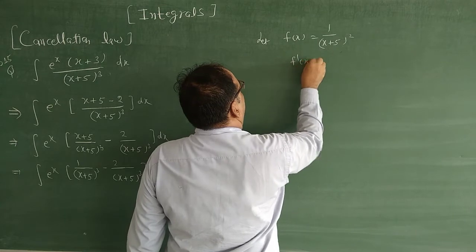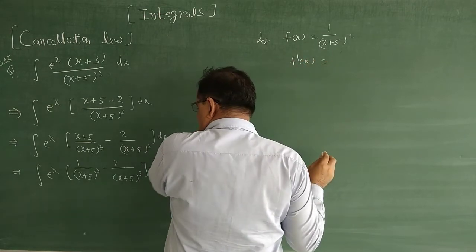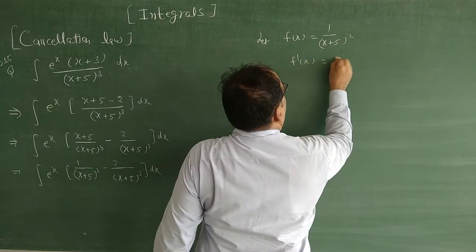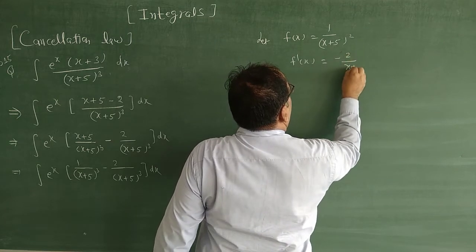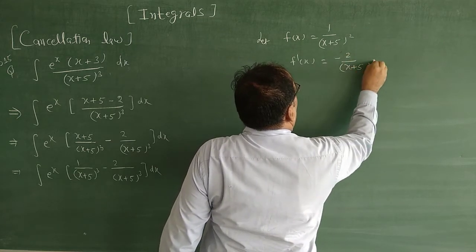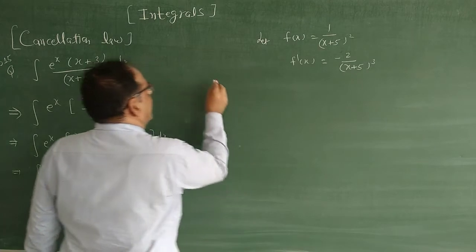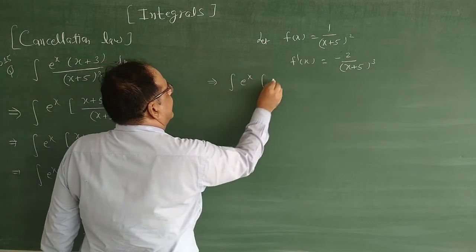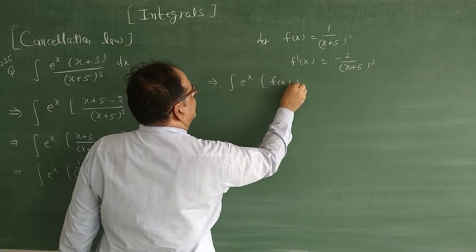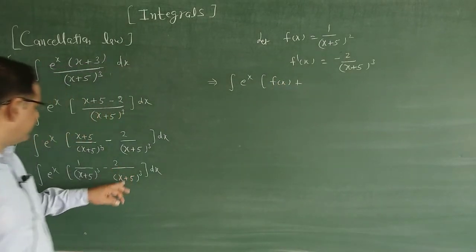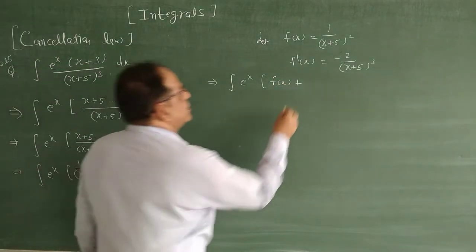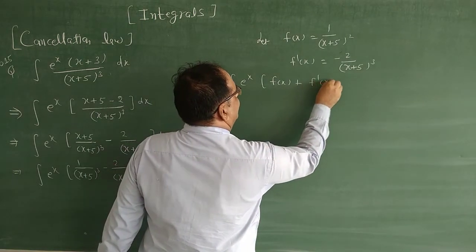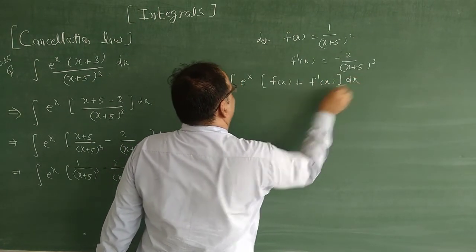Now let f(x) equal 1 upon (x plus 5) whole square. So the derivative f'(x) will be minus 2 upon (x plus 5) whole cube. Now our question is converted into the format e to the power x times [f(x) plus f'(x)] dx.